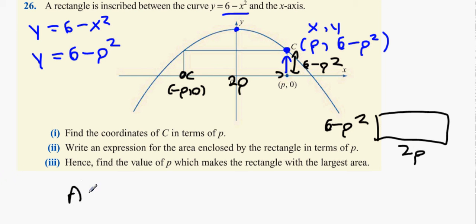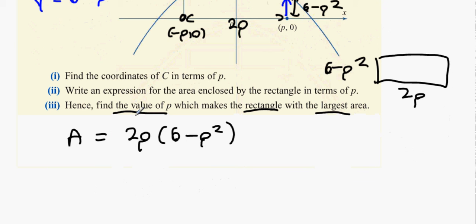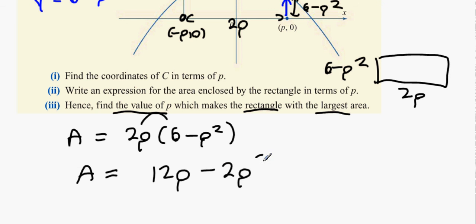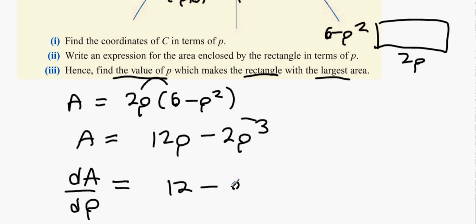So area equals length multiplied by width, which is going to be 2P multiplied by 6 minus P squared. Hence find the value of P, which makes the rectangle the largest area. We can multiply this out quickly, and we get A equals 12P minus 2P cubed. We need to find dA/dP, because we need to find its maximum, which means a turning point, which means 12 minus 6P squared equal to 0.